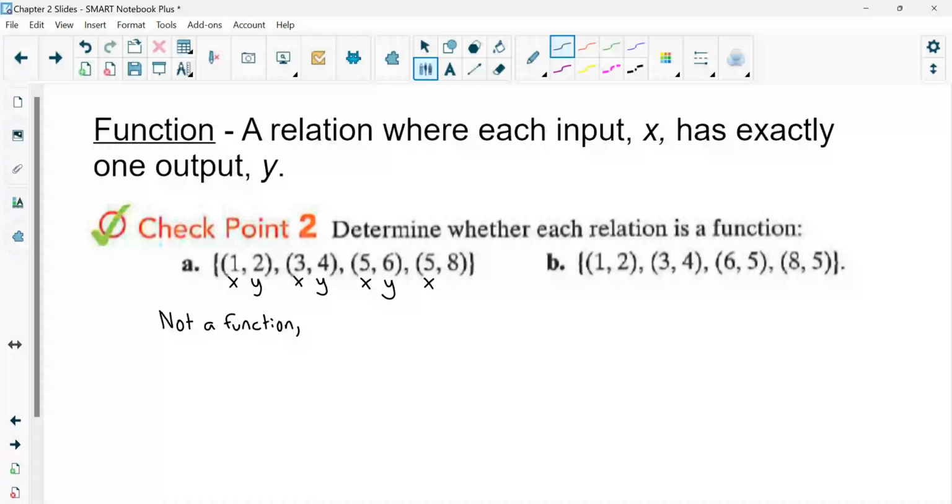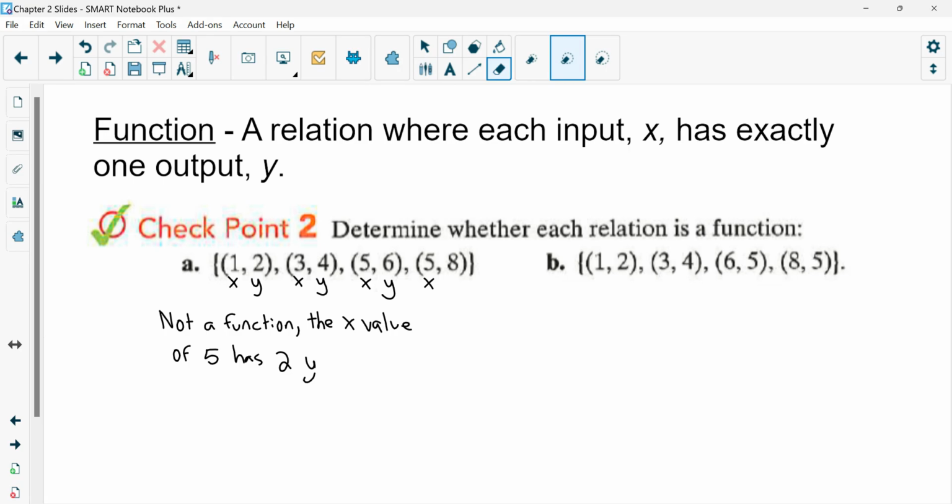Again, the reason it's not a function is the x value of 5 has two y values. And for it to be a function, each x has to have just one.